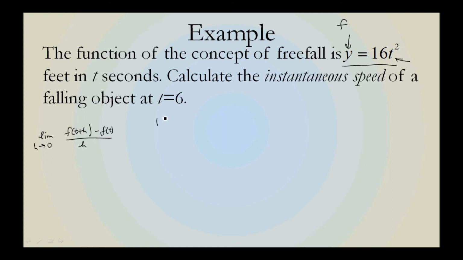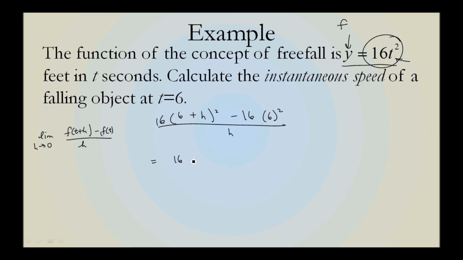So 16 times the quantity 6 plus h squared, minus f of t, so putting 6 in for the t value in the function, 16 times 6 squared, divided by h.